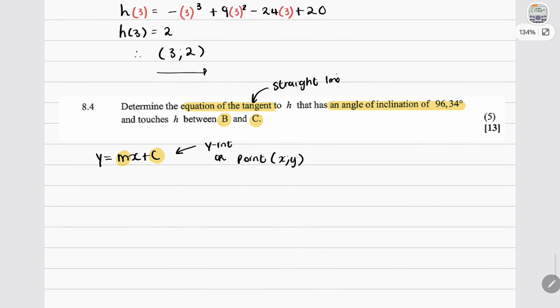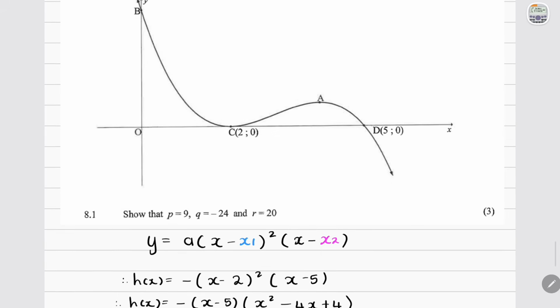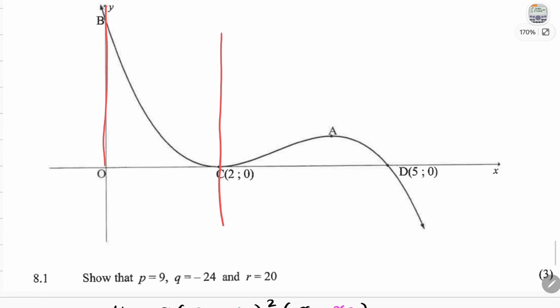So let's go ahead and see what's going on here and how this is formed. Between B and C, we're going to have a tangent with an angle of inclination of 96.34. So here is B and there's C. Between these, we're going to have a tangent to this graph.